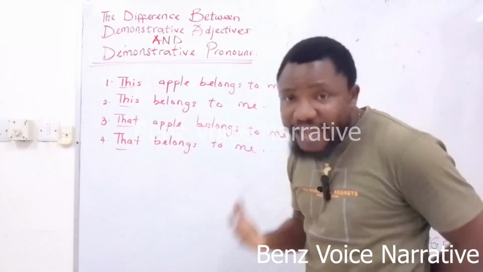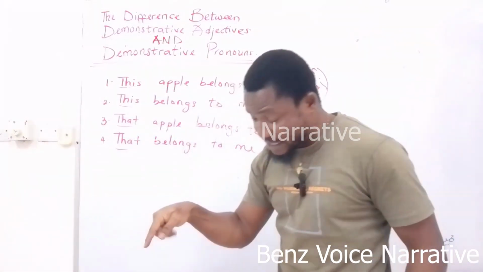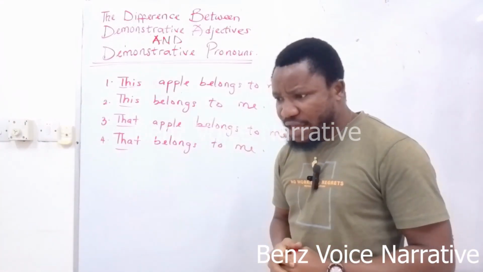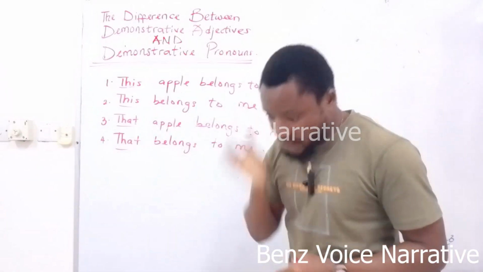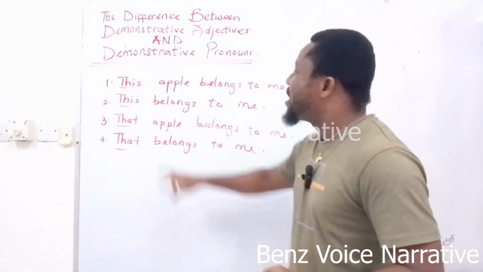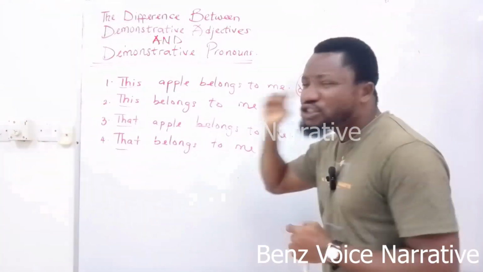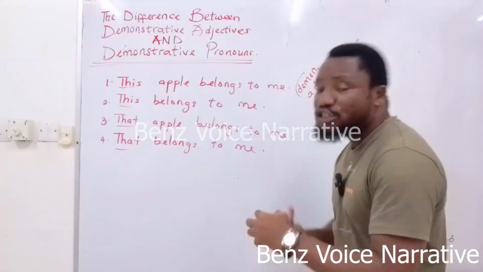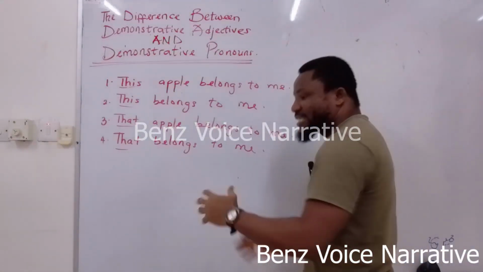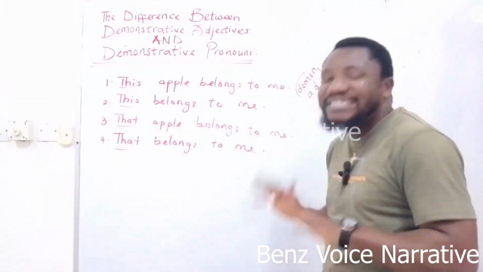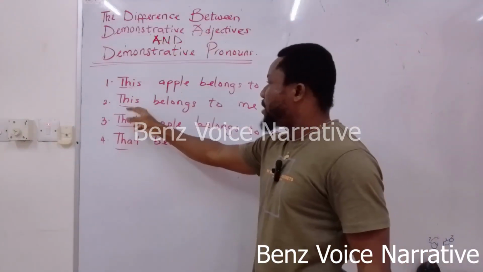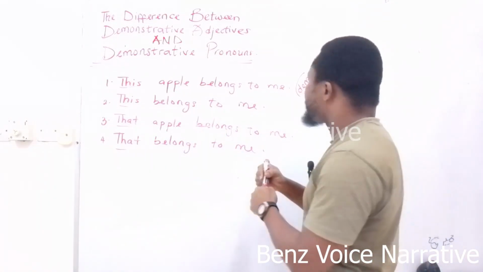It is something that I can touch. This thing belongs to me. What belongs to me? This. Did you understand? So structurally, the demonstrative pronoun does not attract a noun. It simply stands alone, representing the noun. You don't have to mention the noun. You just simply say, this belongs to me. Look at the structure.